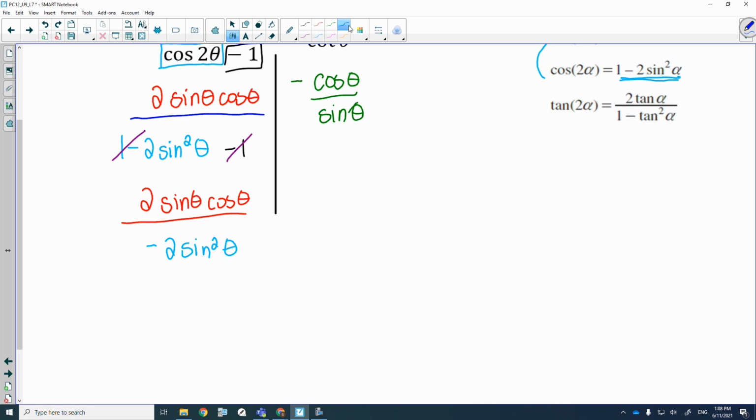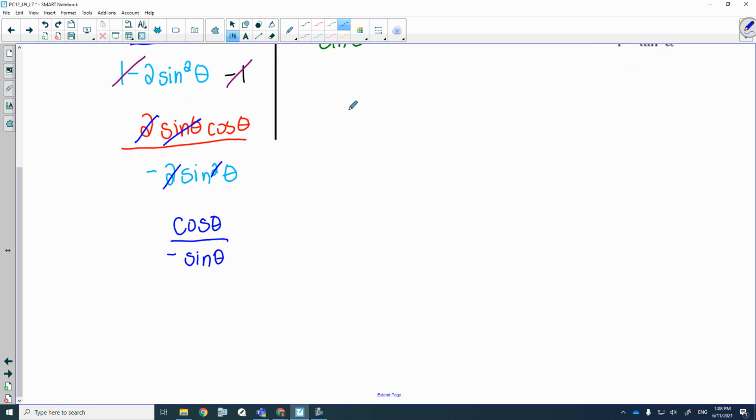What I could cancel now is the 2's will cancel. And this sine of theta will cancel with that sine of theta. So what I am left with is the cos of theta over negative sine of theta. And if you look at the right-hand side, that's exactly what I had on the right-hand side. So I've finished my proof. The left side of this equation is equal to the right side.